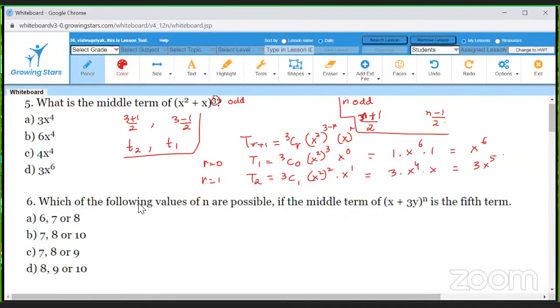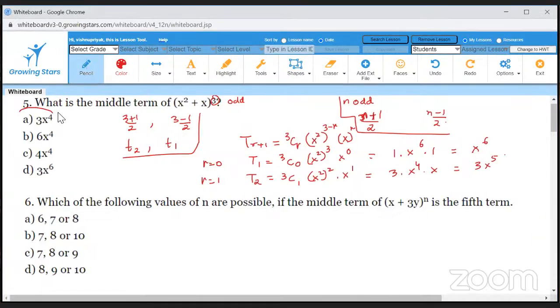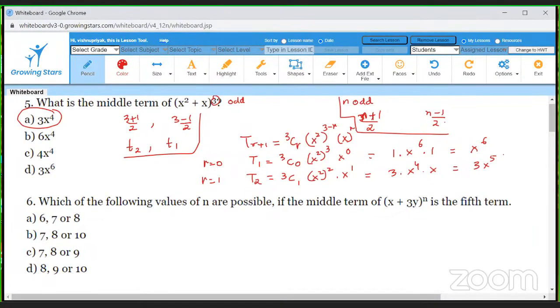So T1 and T2 are the middle terms of this, 3x power 4 and 3x power 5. So you can go for A, 3x power 4.